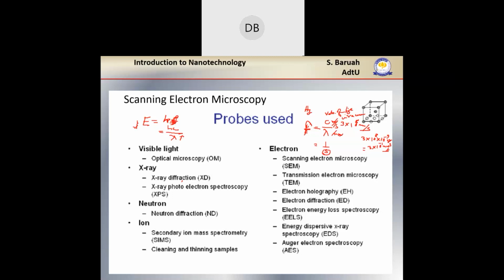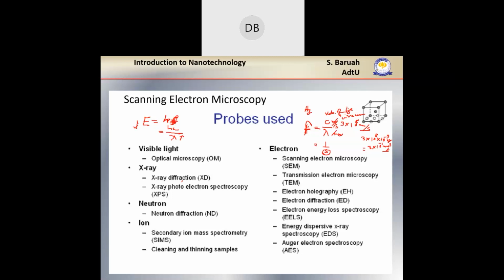And the secondary probes are the probes that are given out by the sample. Once the primary probe hits that sample, whatever signal is given out and goes to the detector is called the secondary probe. And we also discussed that in an optical microscope, or also our own eyes, the primary probes are visible light photons and the secondary probes are also visible light photons. So that was for our eyes as well as for any optical microscopy.